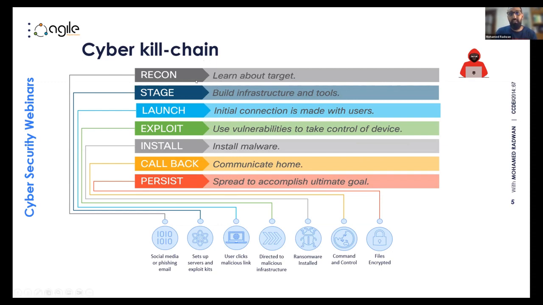Once he has done his reconnaissance and understands your attack surface and vulnerabilities, he starts the second step, which is staging. In a sophisticated attack, he needs to build, for example, a website, create a DNS, build a command and control center, and prepare all the malware and tools he will use during the attack. Third step: he will send you the email and wait for one of the users to click the malicious link, which grants him access to your PC as a start.